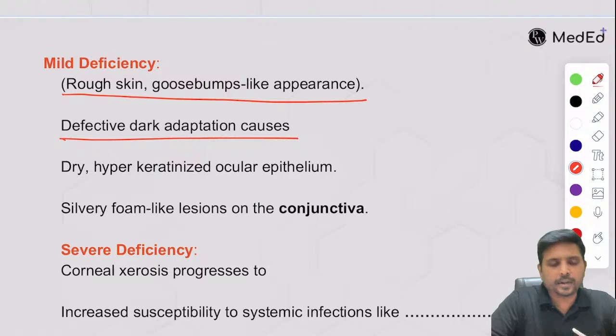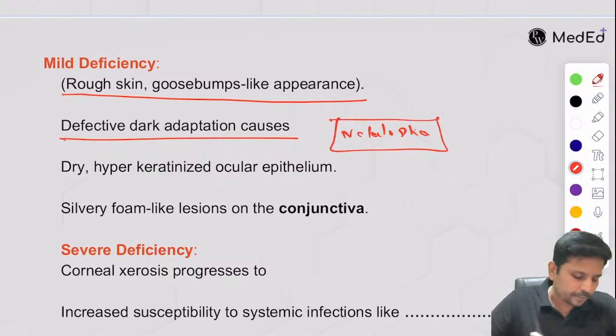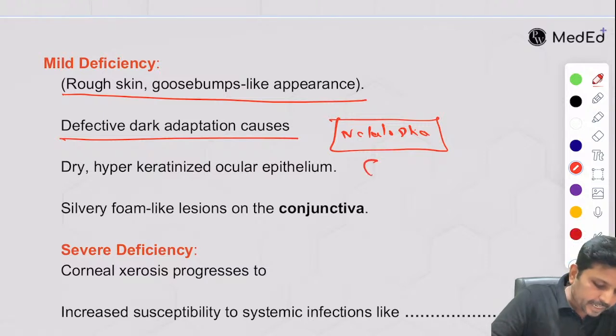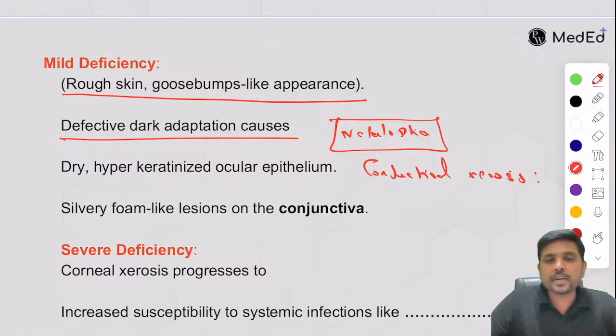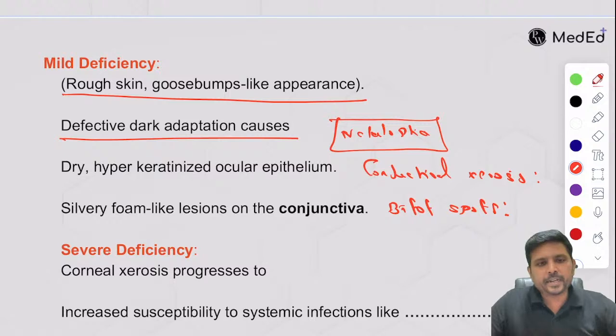Defective dark adaptation is nyctalopia, or night blindness. Dry hyperkeratinized ocular epithelium is conjunctival xerosis. Silvery foamy lesions on the conjunctiva are called Bitot spot.